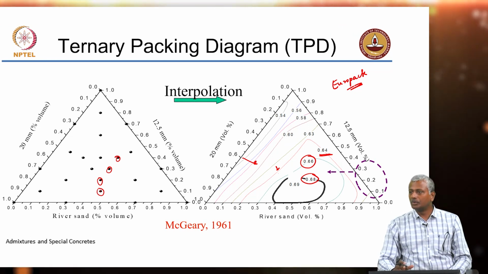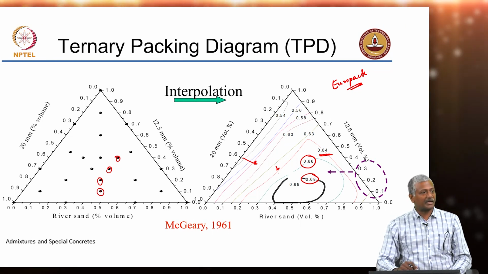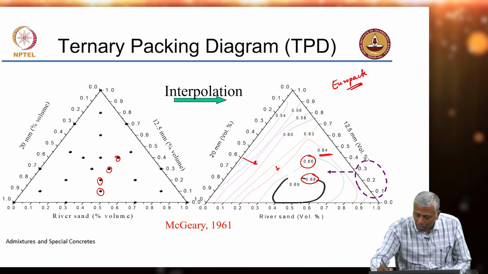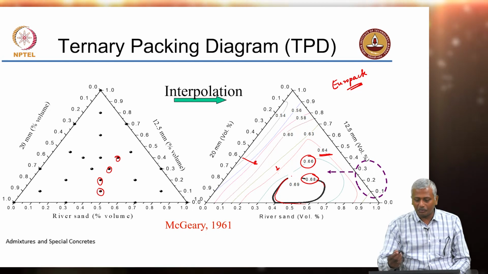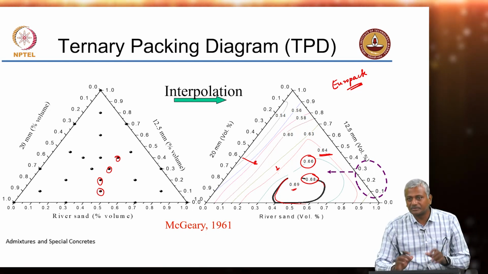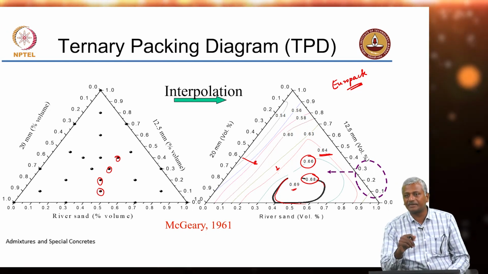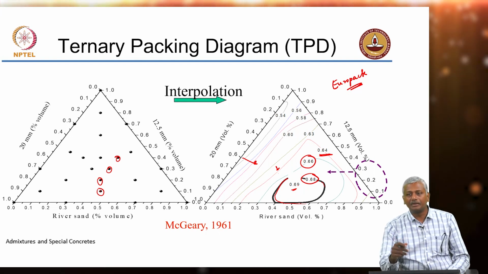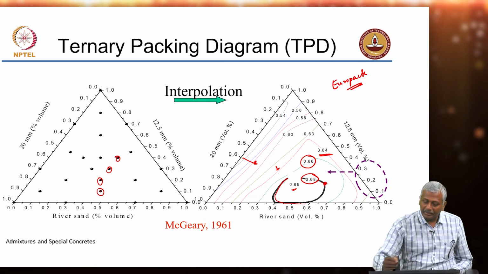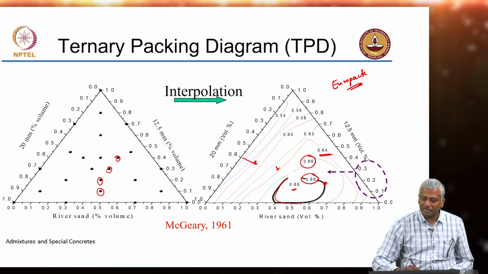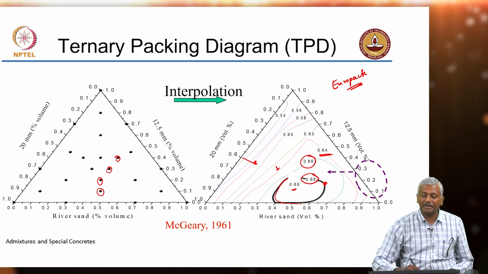combinations that can give you the highest packing density. But now you see that the combinations could be anywhere, right? 0.69 packing density was only one point, so we can discard that. Let us say 0.68 is the maximum packing density we can get, but there are so many different combinations, right? At this point, if you have to get the combination, how do you get that?